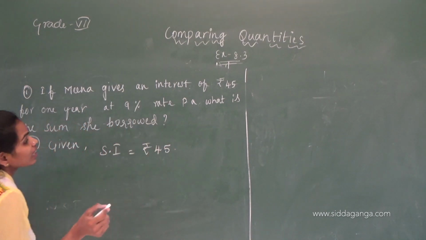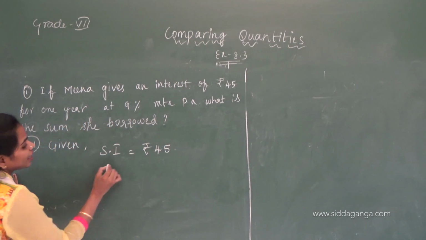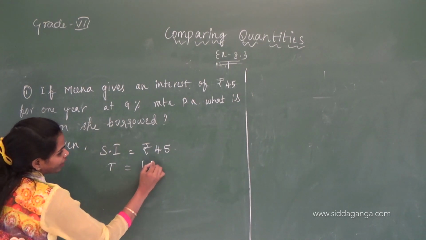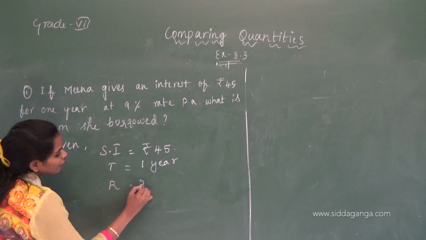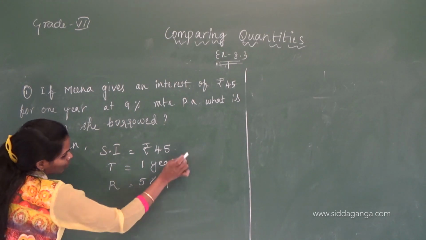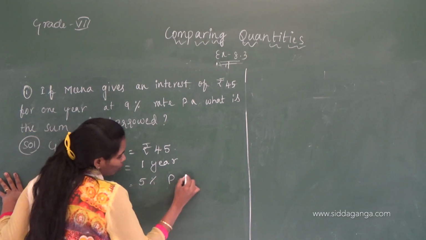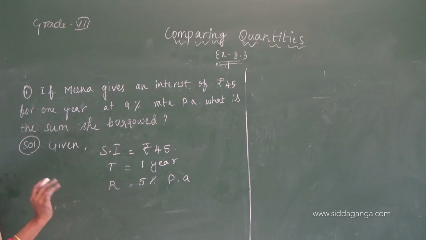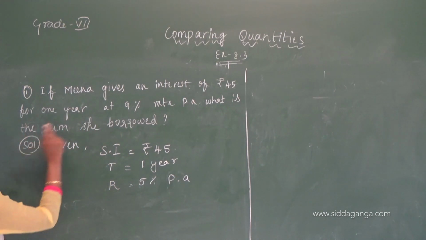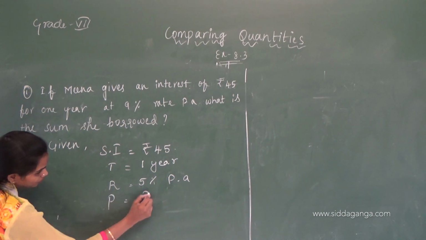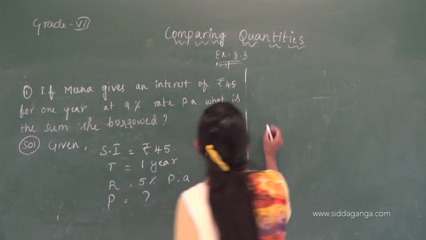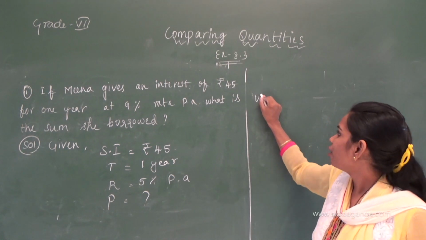Time period 1 year, and rate is 5% per annum. Principal we have to find.